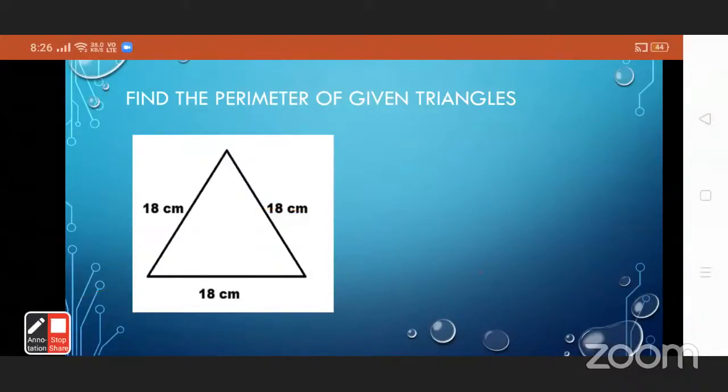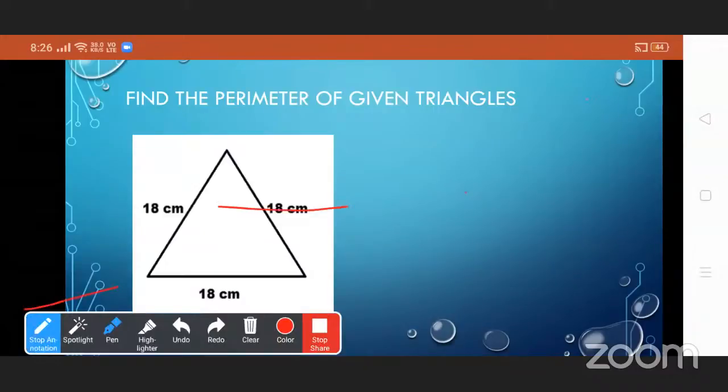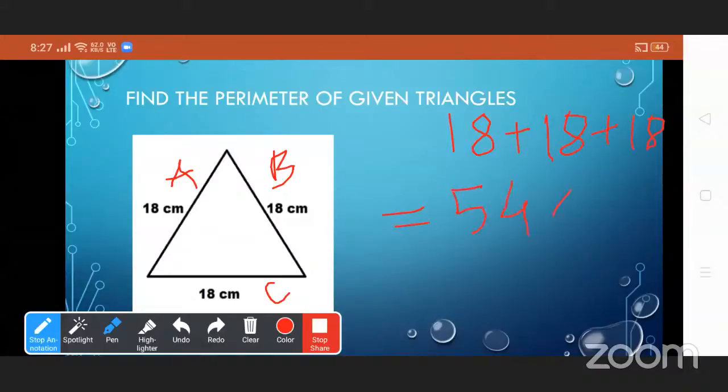Yes. Okay. We will write 18. Side A is 18. So this is A, this is B, and this is C side. So 18 plus 18 plus 18. So 18 plus 18 is 36, 36 plus 18 is 54. So the perimeter of this triangle is 54 centimeter.